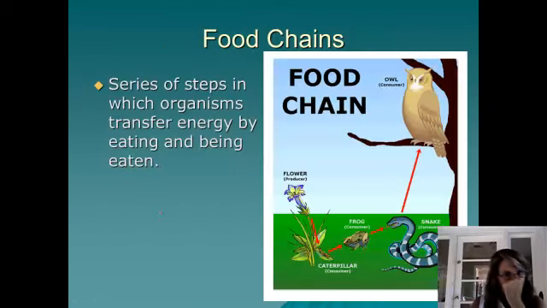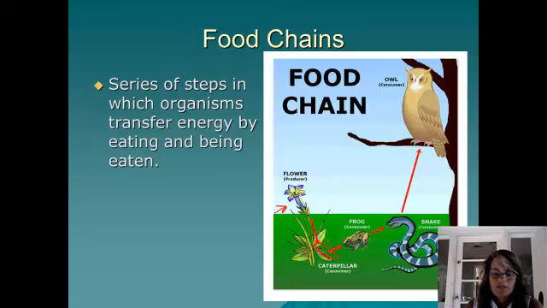Okay? Now, you all know that a food chain is just a series of steps in which one organism gets eaten by another, and because we're eating one organism, we're going to pass the energy that was contained in that organism onto the one that eats it. So, if this is a plant, this is a producer, this caterpillar will eat the leaves of the plant and it will get energy.